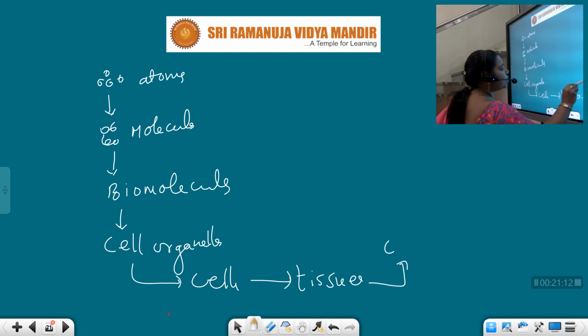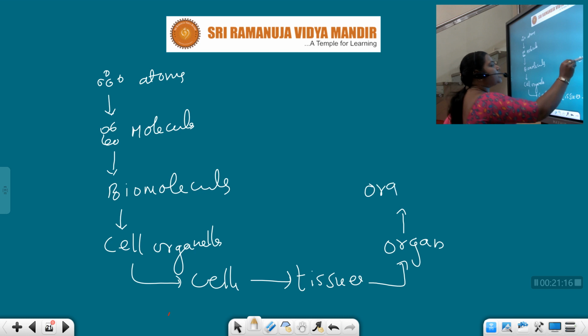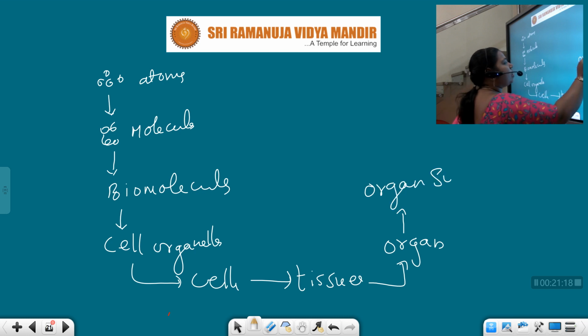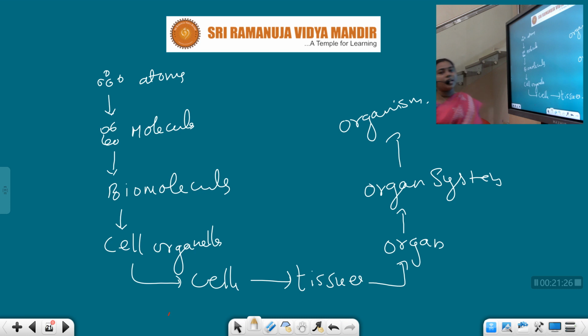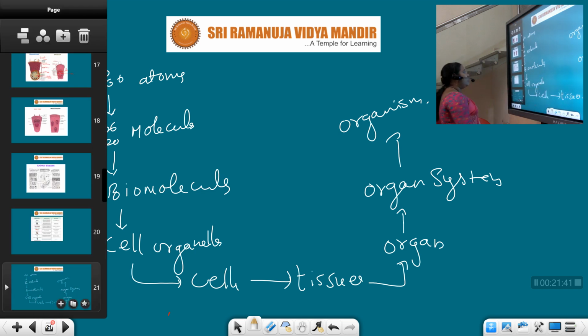Again, different tissues are going to form an organ. Next, organ system and organism. Finally, we'll get a complete individual, that is organism. See: atoms, molecules, biomolecules, cell organelles, cells, tissues, organ system, and finally organism.